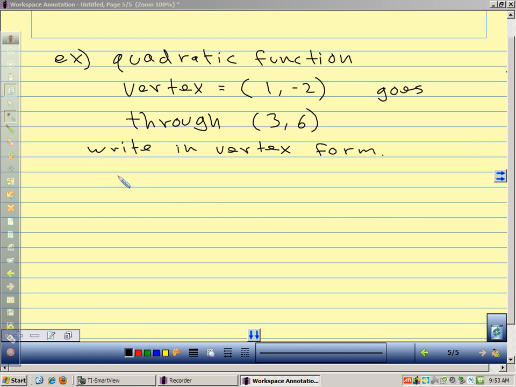So our vertex form, let's just write it down so we remember what it is. F of x equals a times x minus h plus k. So we want to write our function in this form. Well, we're given the vertex, so what does the vertex give us in our vertex form? H and k.